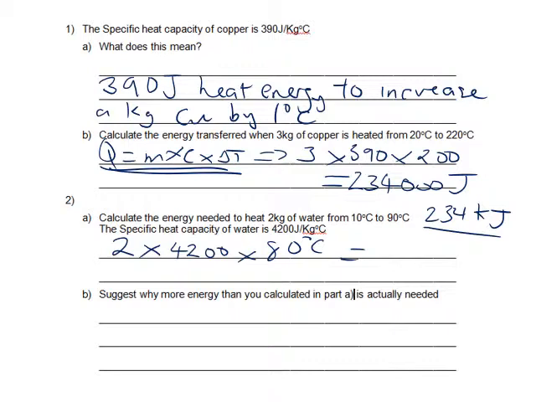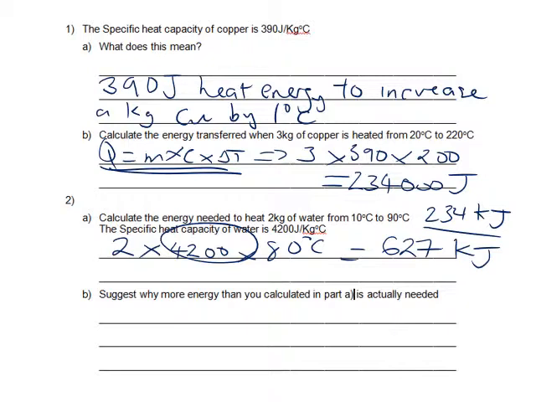So it will be 2 times 4,200 times 80, which will be, again, massive, 672 kilojoules. Okay, so comparing 1b with 2a, you can see the massive effect of this very large heat capacity of water. Okay, so similar masses of water and copper, but a lot more energy required to do the heating.